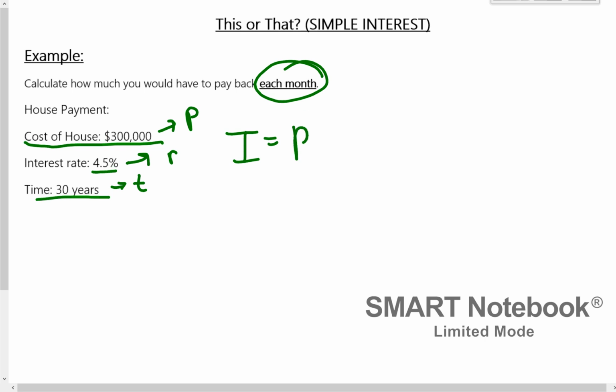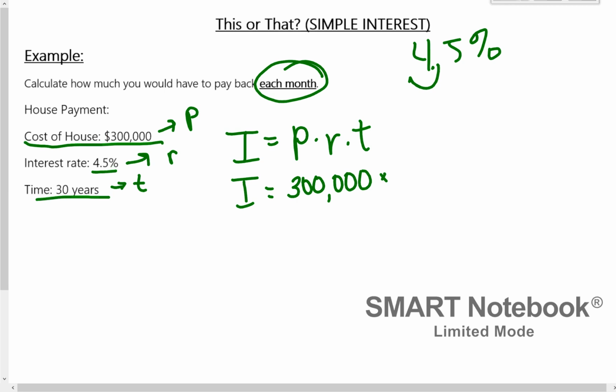So I equals P times R times T. I don't know, so I have to leave it as an I, equals 300,000, which is how much money I have to borrow. That's the price of the house, times my interest rate. Now I have 4.5%, so I have to move the decimal, which makes 0.045, times our time in years, which is 30.